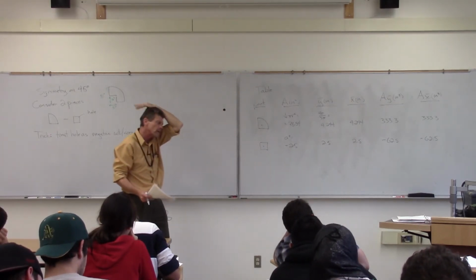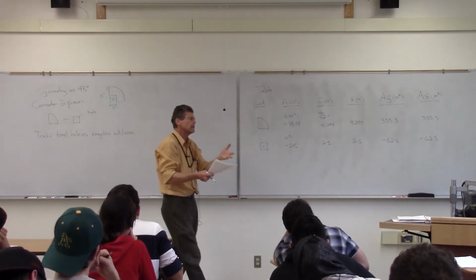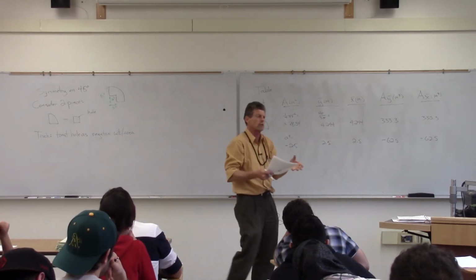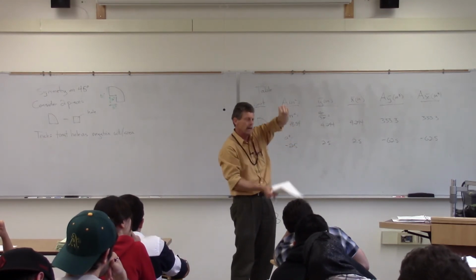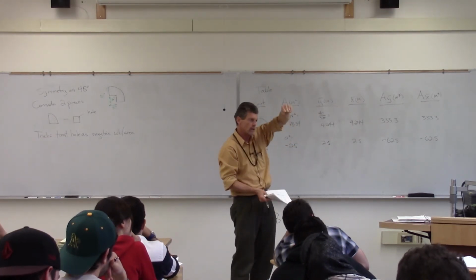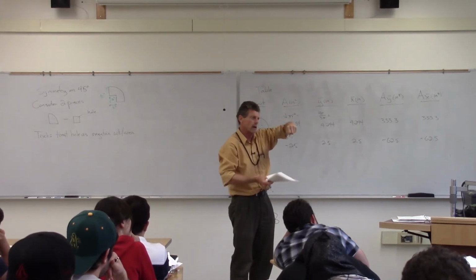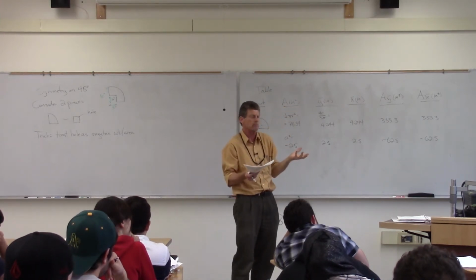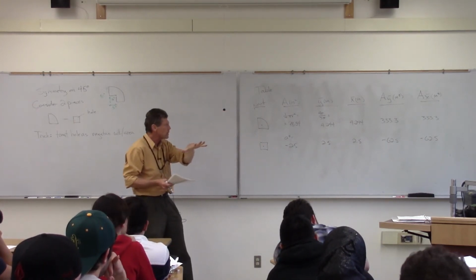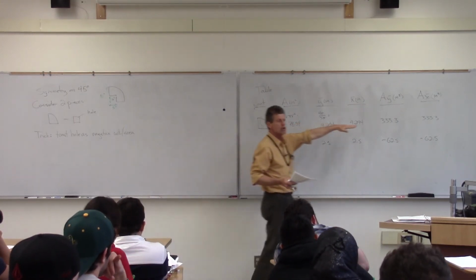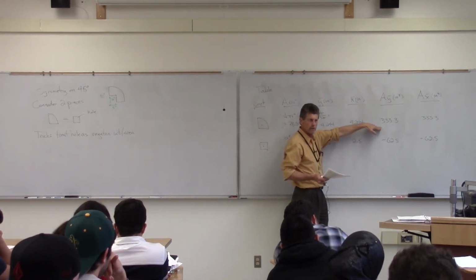Probably the best way to think of it, and when you get into mechanics of materials, you'll understand why we have I-beams instead of just a solid rod. Because when we think about bending, if we can get area away from the center, it does more work there. And that's why we have big I-beams on bridges and not a rod. So it doesn't make a whole lot of sense right now. But yes, basically it's a measure of area away from that centroid.